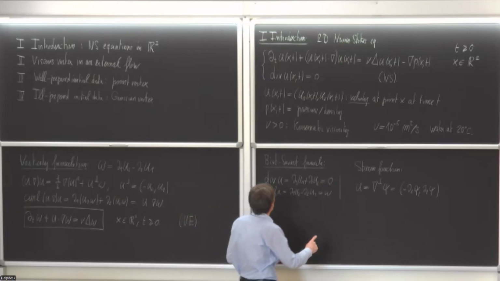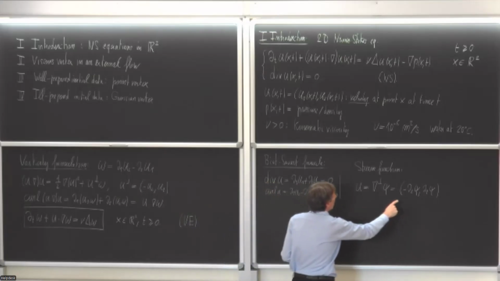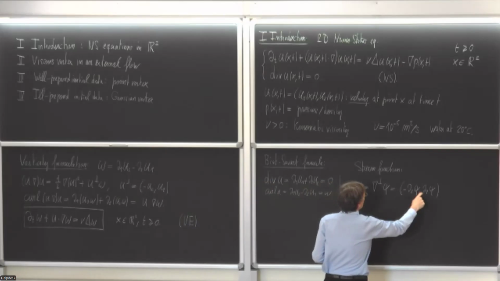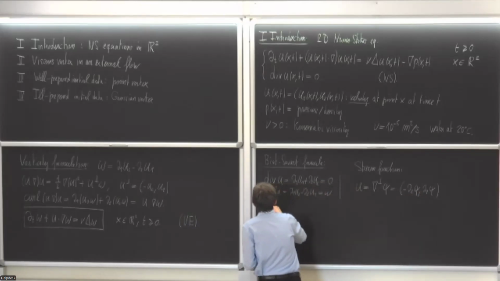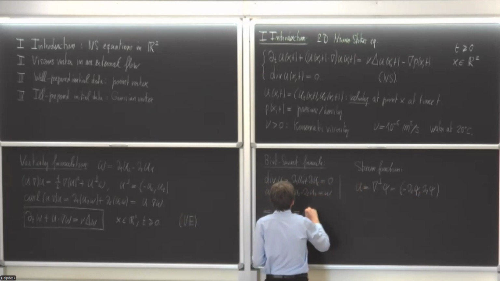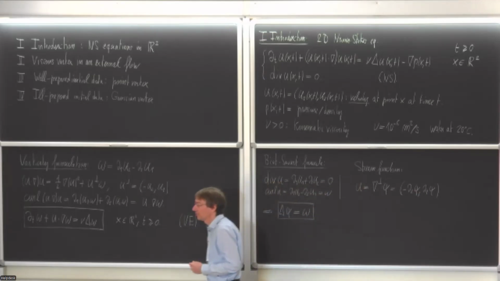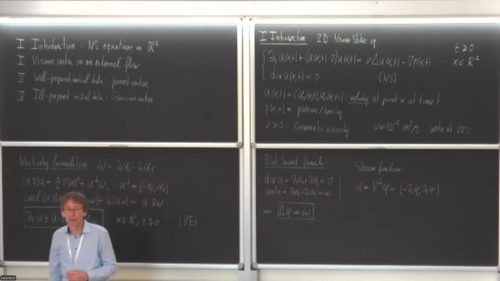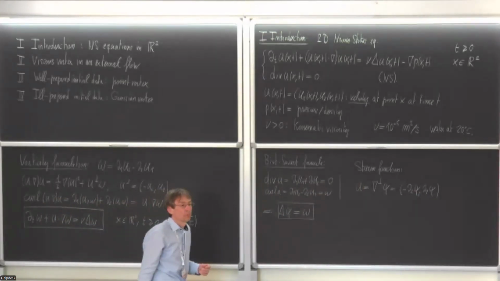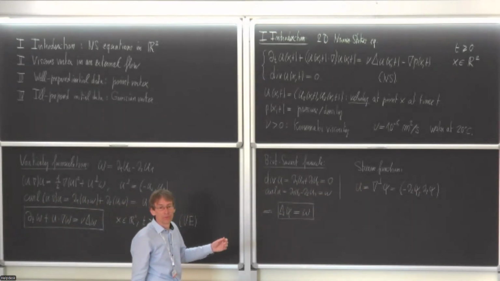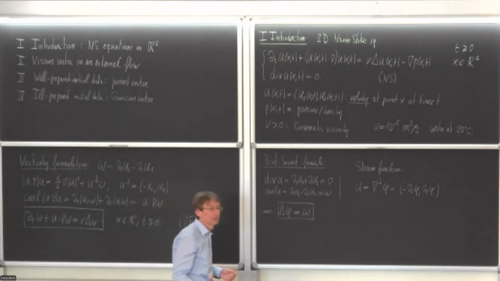And what about the second one? If you take the curl of this, it is d1 squared plus d2 squared. So you obtain the Poisson equation: Laplacian of psi is equal to omega. So the stream function is just the inverse of the Laplacian acting on omega. Now, depending on the geometry of the domain, it's more or less easy to solve this equation, but of course in R2 it's completely trivial.